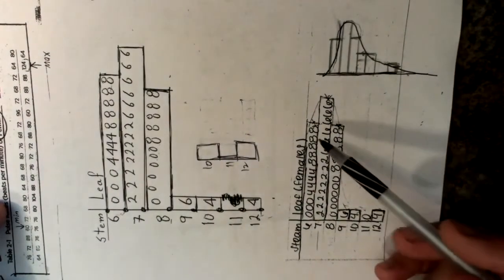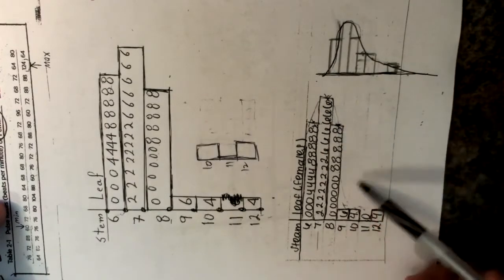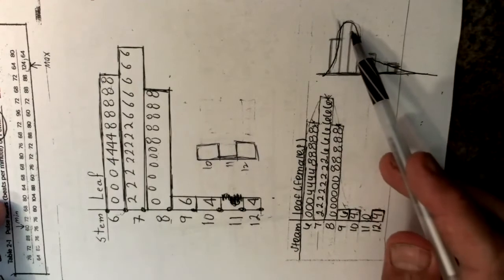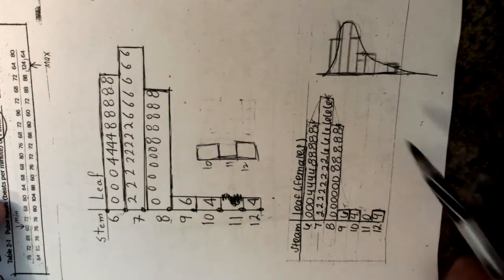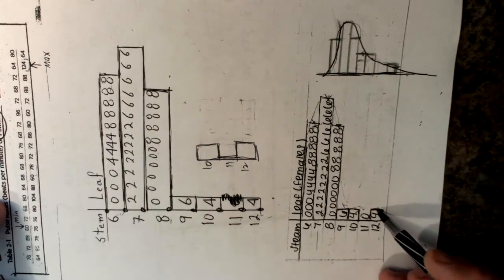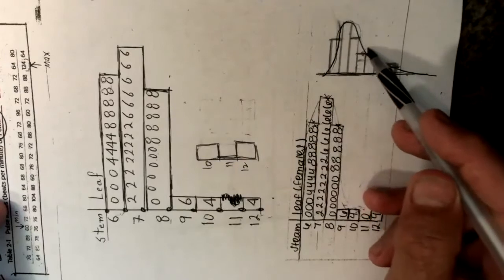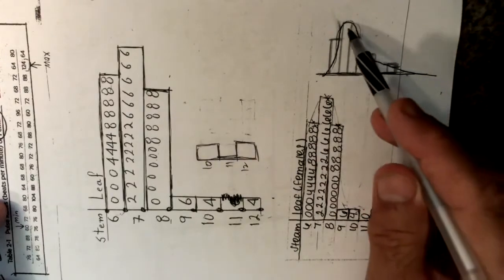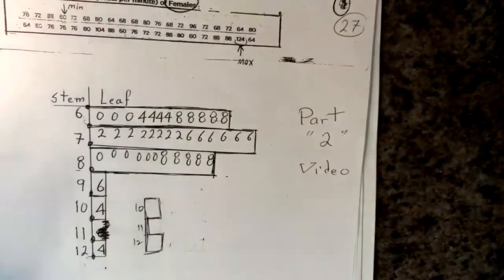If I take the highest point of each rectangle and connect them, you have some kind of bell shape, but it's skewed to the right. If you take the top one of each and connect it, you see that the curve goes to the right. So this is the method of stem and leaf.